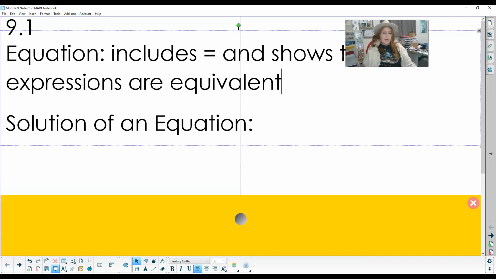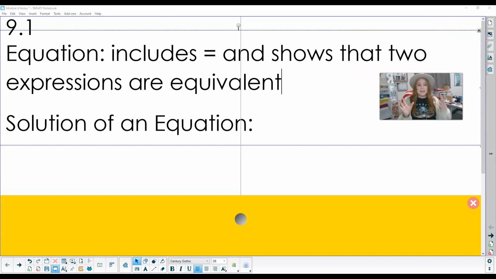It's taking this expression and this expression and saying they are equal to each other. So whether you solve them out or just look at each thing separately, they mean the same thing. They're going to come up with the same answer.